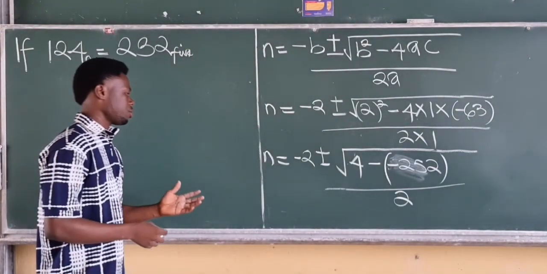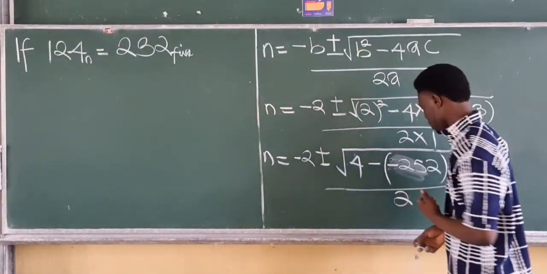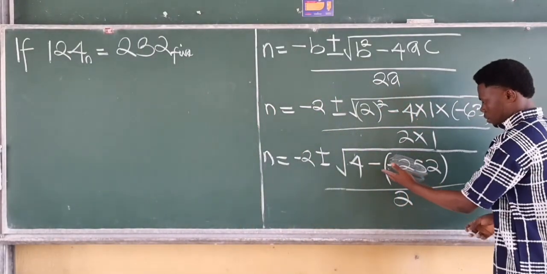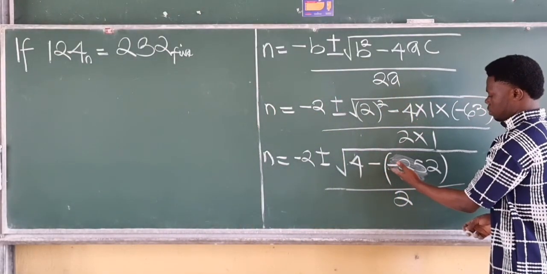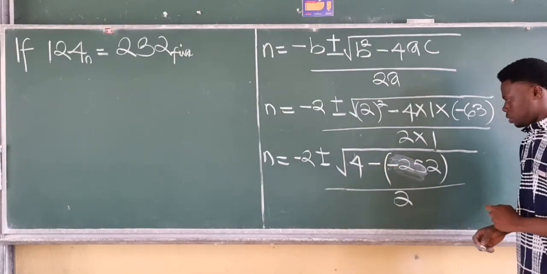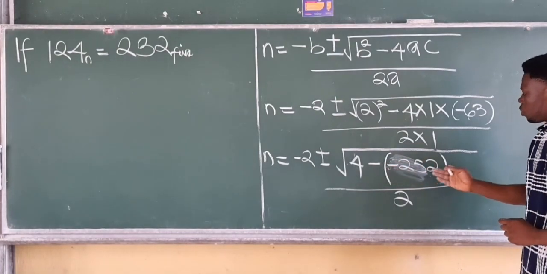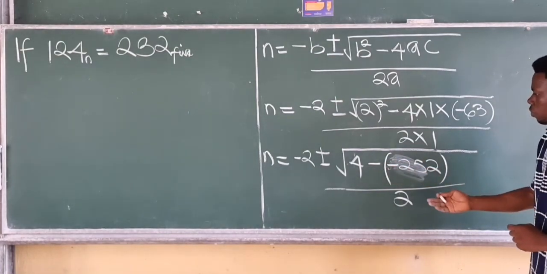So from this, let's examine the square root. In the square root, we have minus times minus, and minus times minus gives plus. That is to say, here becomes 4 plus 252 all over 2.